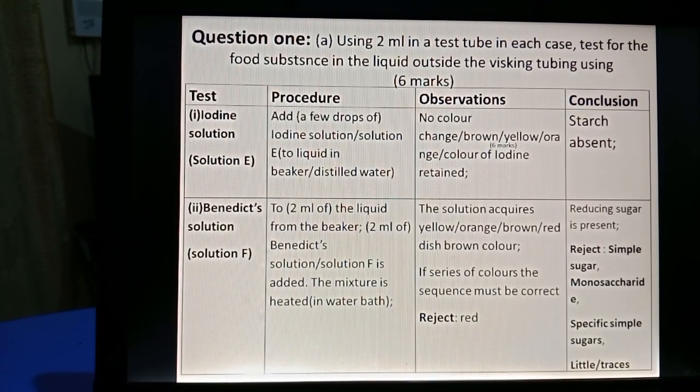So let's come now to the expertise, how the examiners looked at those questions. So in question 1A, where you are using 2 needles in a test tube, in each case, to test for the food substance in the liquid outside the Visking tubing, using the reagents given. Test was iodine, where you add a few drops of iodine solution in the procedure. No color change.